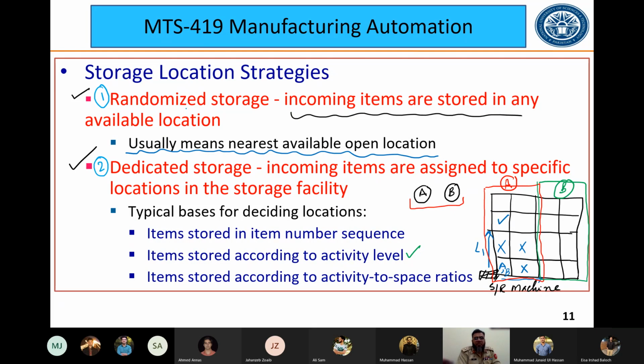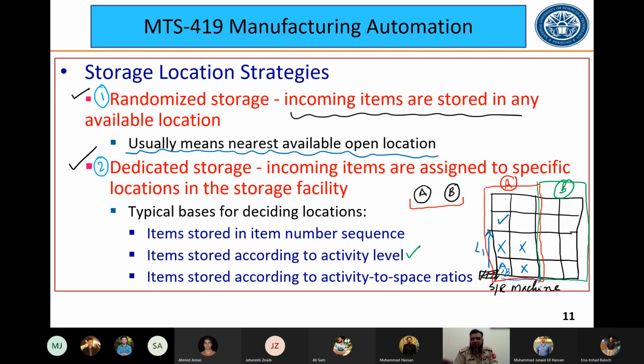What does random storage mean? Random storage means that the incoming items are stored in any available location. Okay? If you look at the diagram on the right side, for a moment forget about A and B. Just look at the blue colors shown here with the help of cross and a tick.